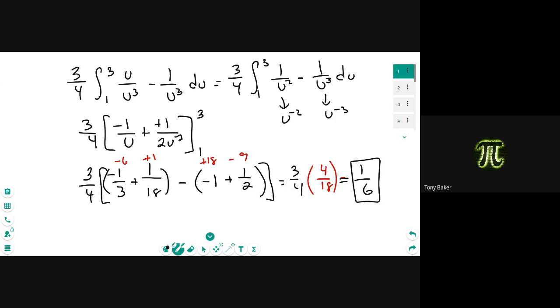Multiply, so it's 12 over 72. But the 4s will cancel out. It's like just simplify first.